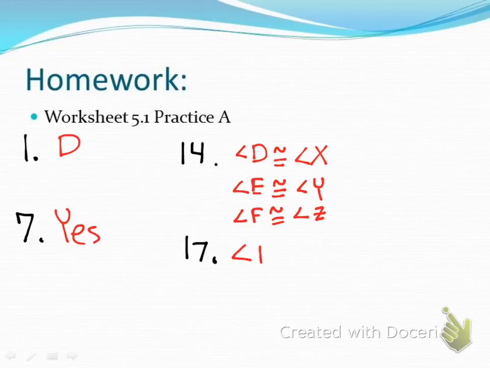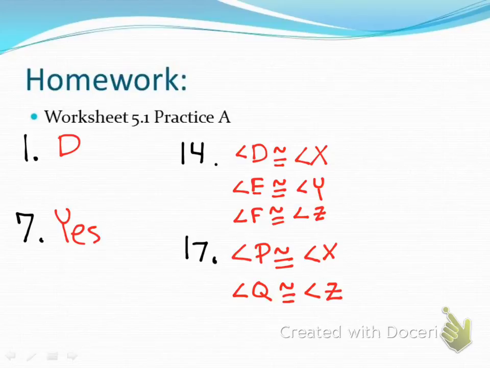So angle P is congruent to which one? X, very good. This is where it gets tricky. Angle Q is on the outside. So I need to go with the outside angle on the other side of the house, which is which one? Z, very good.